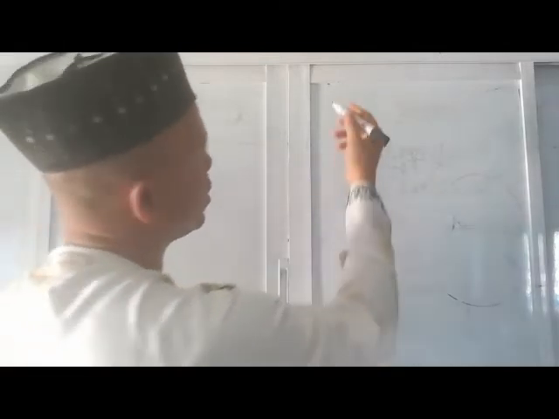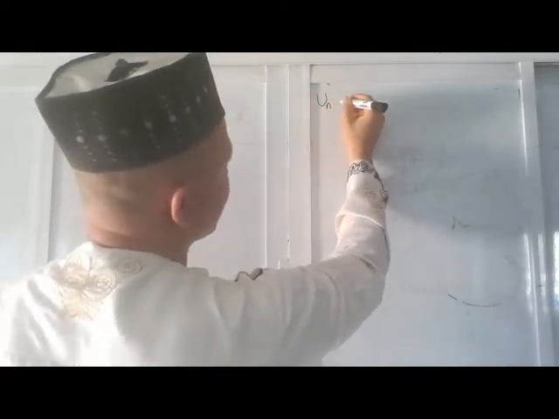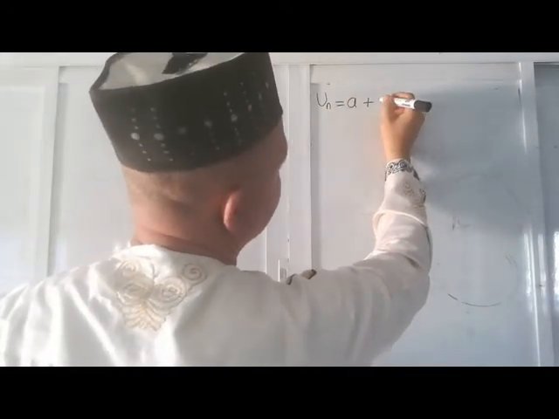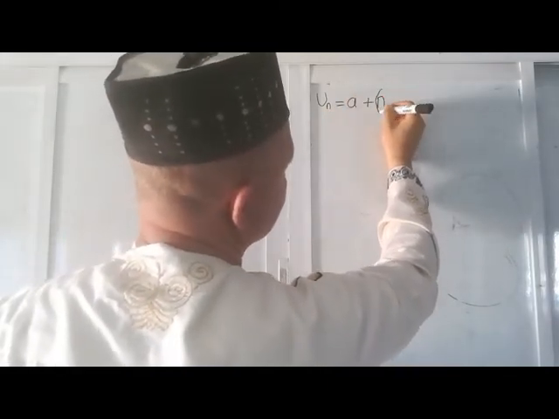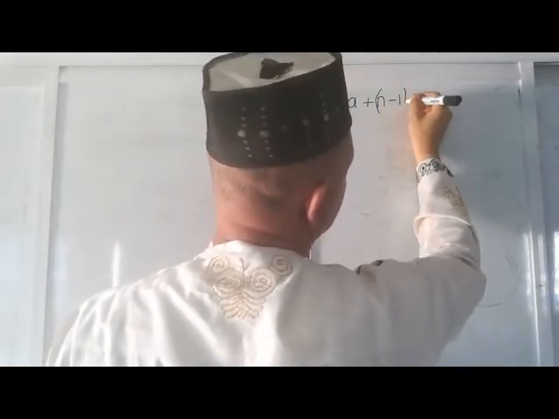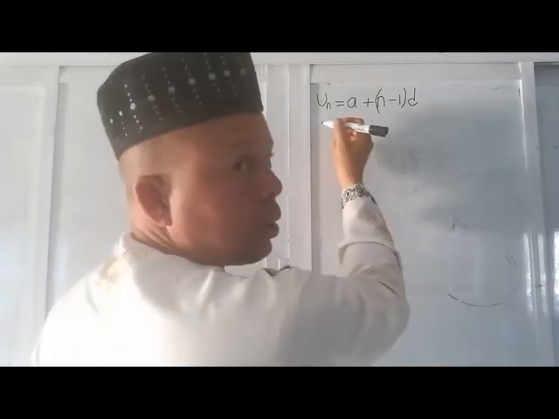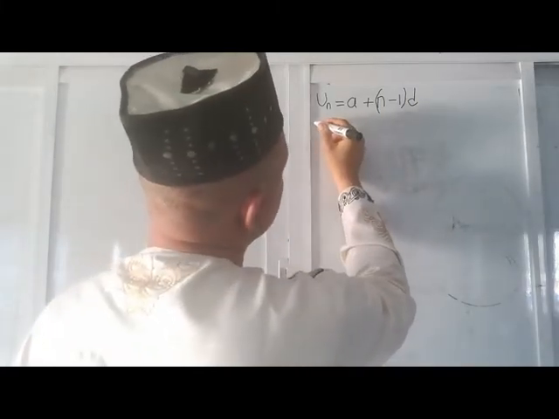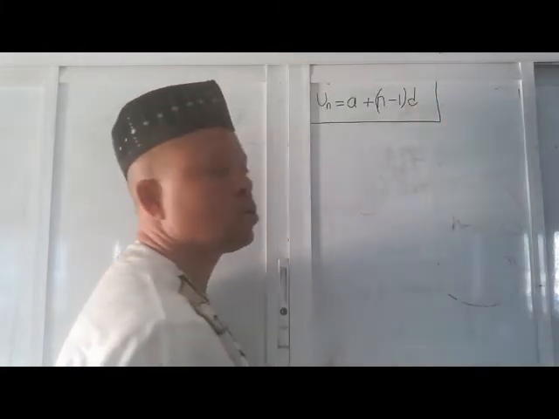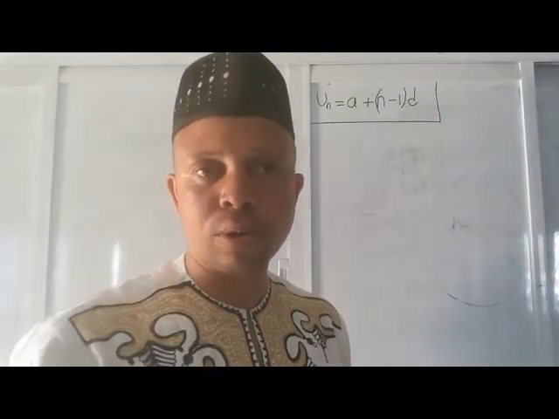The formula: the given term Un equals A plus (n minus 1) d. So let's have this formula in mind because we are going to use it severally as we solve these problems.